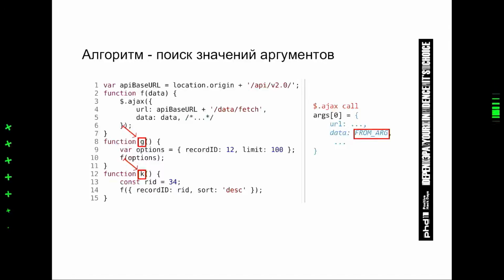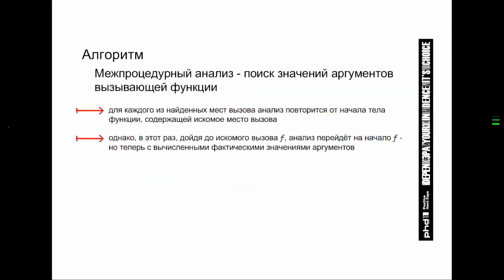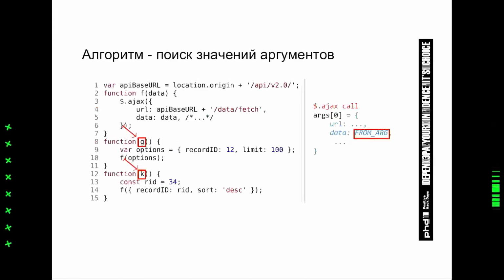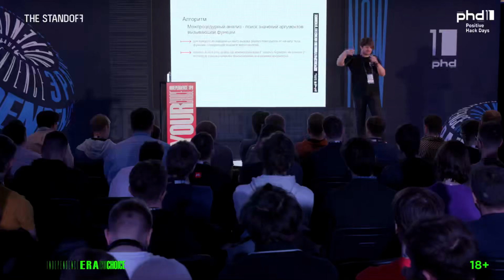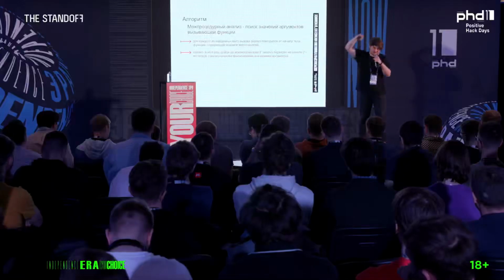And that's why it's not difficult for the analyzer to find J and K. Okay, what's next? Analysis is going to go from J and from K, and the moment we arrive at the call of interest, we're going to enter it. We're going to repeat our analysis from J and from K, and we're going to model the function call.